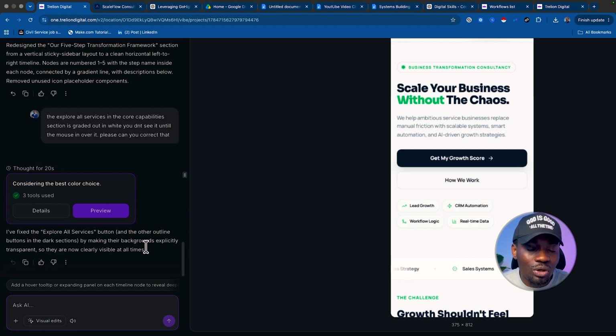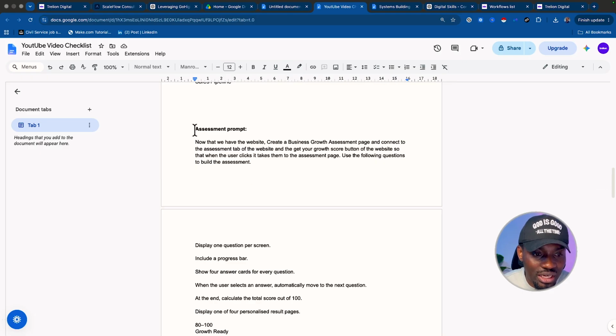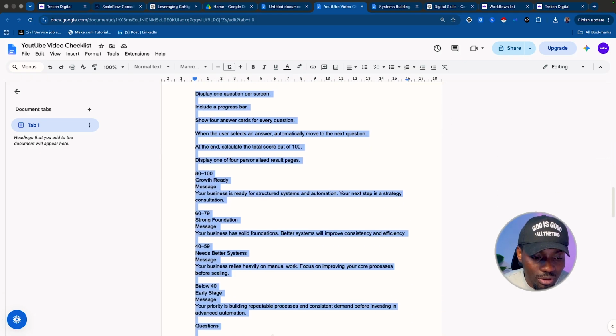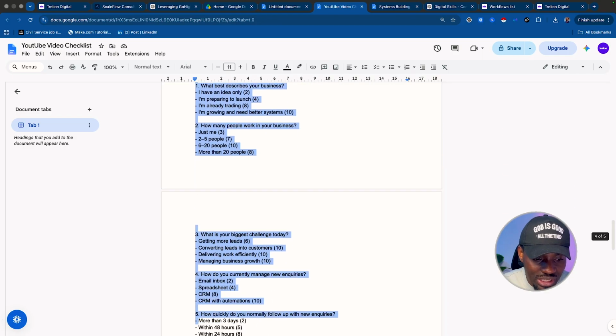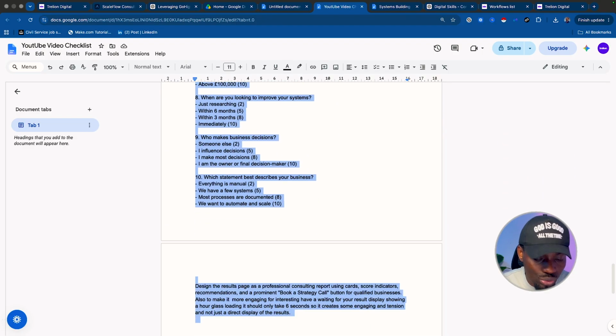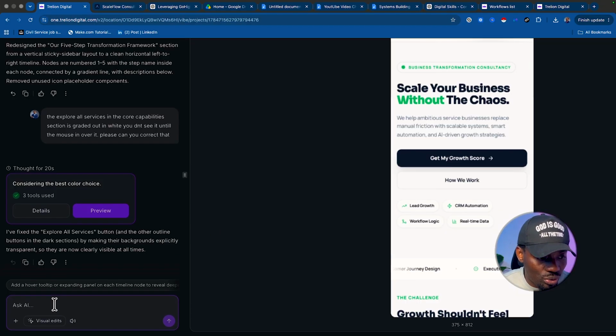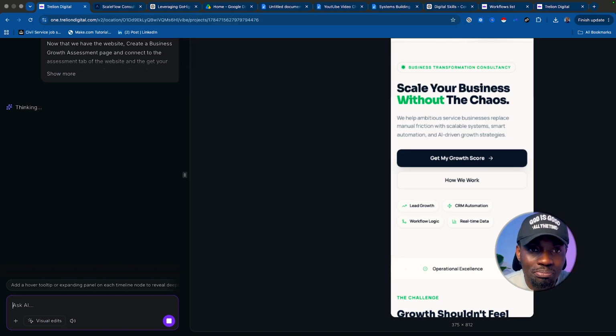The next thing we're going to do is get the assessment part of it. I have my prompt here. I'm going to copy my assessment prompt, go all the way down, and paste this prompt into my GoHighLevel AI Studio to start building the assessment.